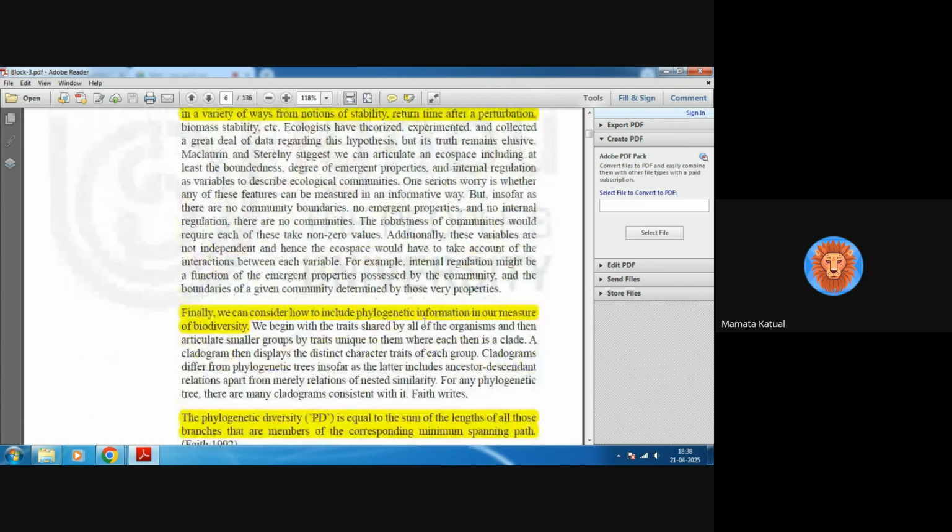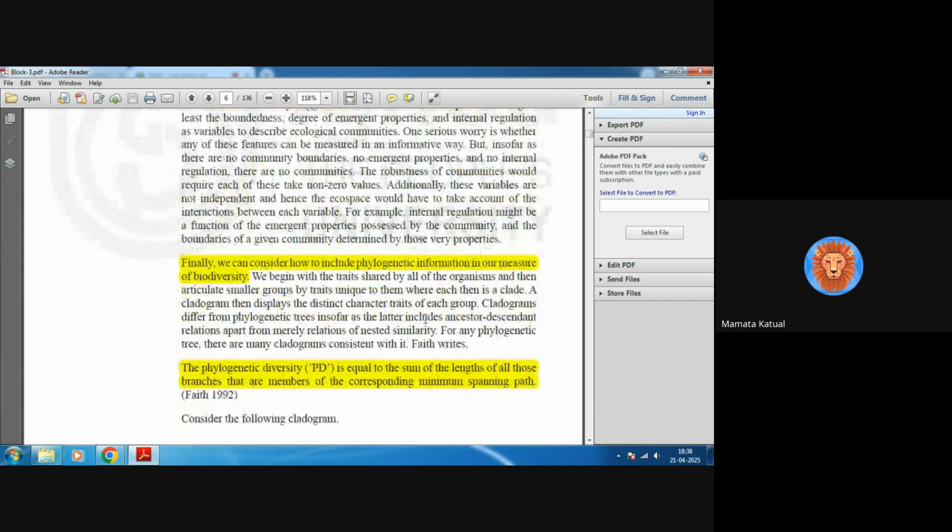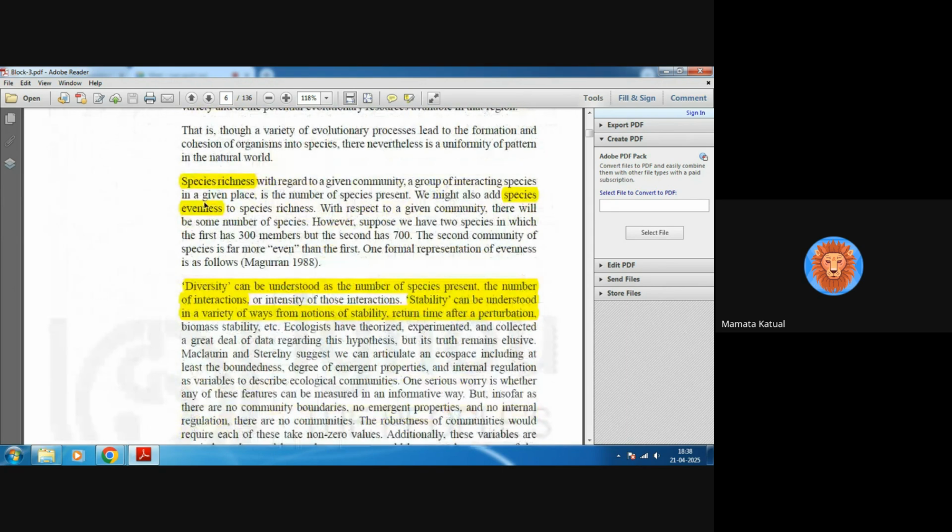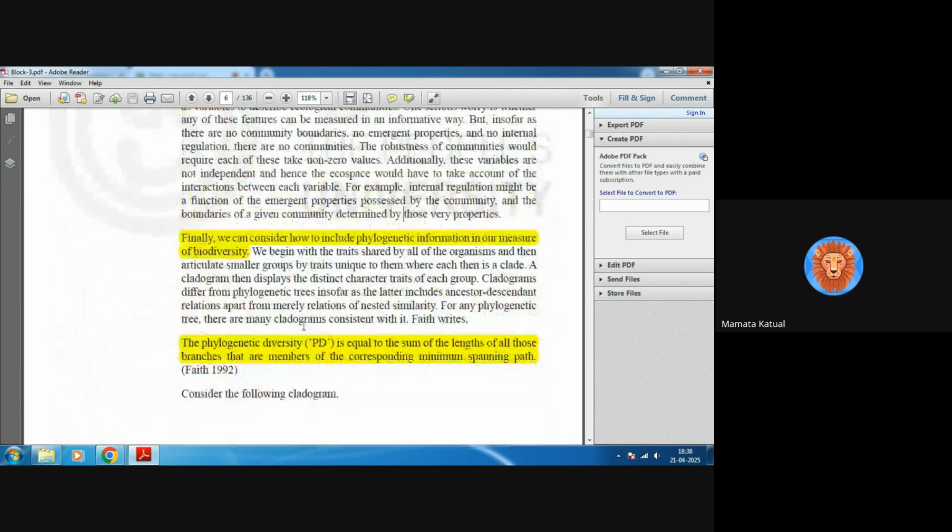So previously we have discussed that we have to study the species. If we want to know the species diversity, species richness, or species evenness, then we have to identify the species. How can we identify them? We identify them by taxonomic methods.